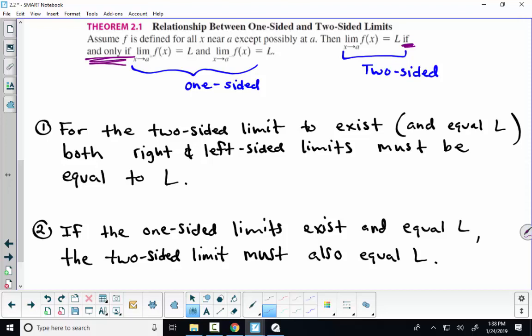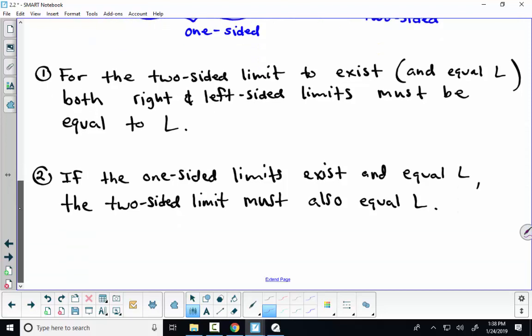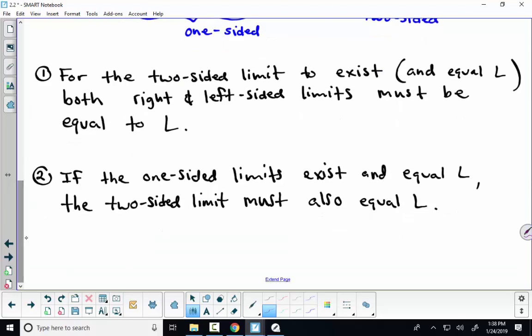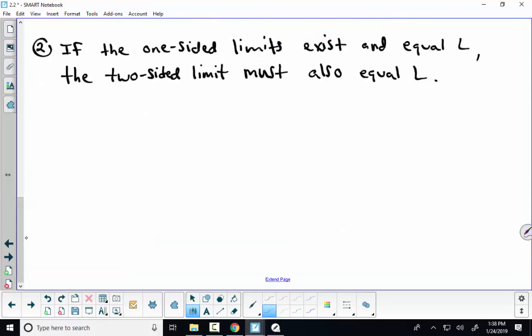So not only do we get the positive implication of the if and only if statement, but we can also look at the negative implication of what that theorem is telling us. It's not meant to be confusing or overwhelming, but really you've got four statements out of that one single statement.